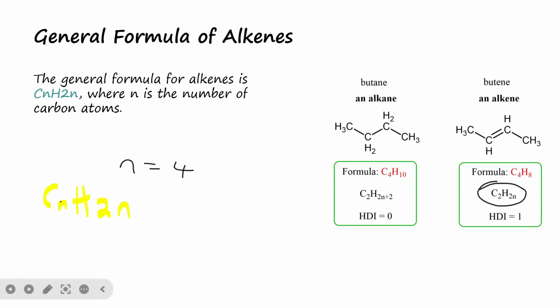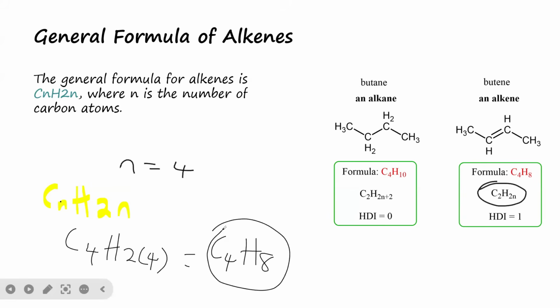With this formula, when n is equal to 4, we can easily substitute. Therefore, we have C4 and H2 times 4, and this will give us C4H8. So this is butene. This is the general formula where n is the number of carbon atoms.